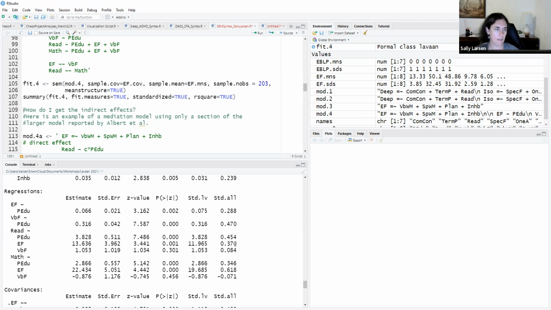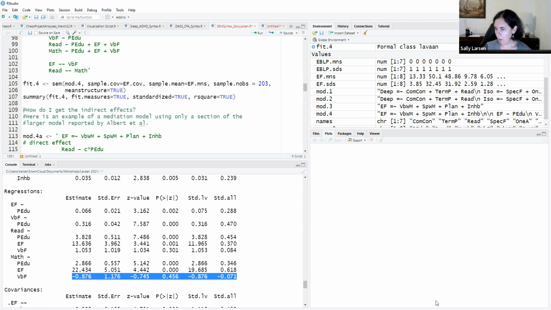And then reading is predicted by our SES proxy, executive functioning, and verbal fluency. But look at that, that's a non-significant predictor, because here's the p-value. And then here is another non-significant predictor down here: the relationship between verbal fluency and maths is not significantly different to 0.